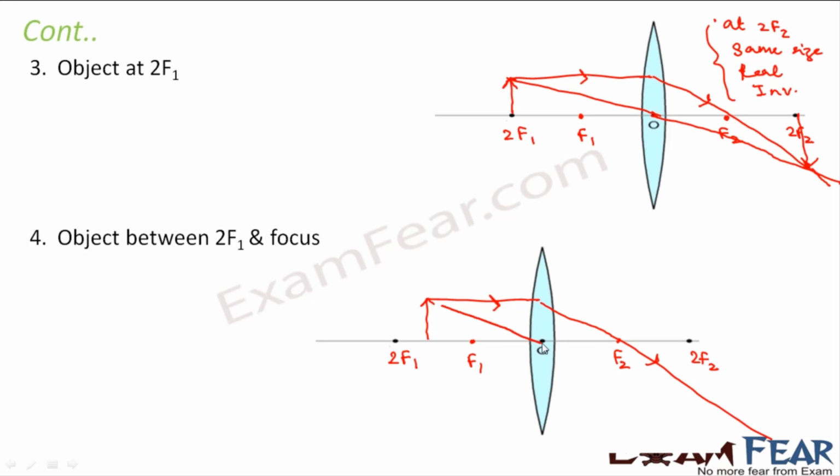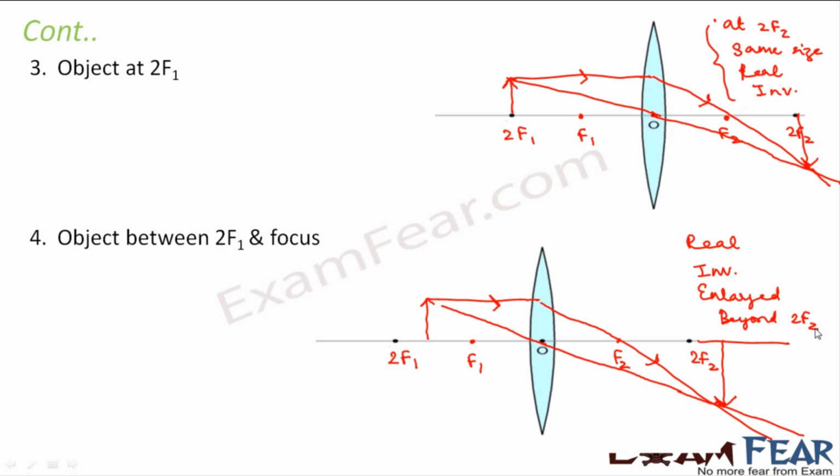Again, another ray which passes through the optical center goes undeviated. These two meet somewhere beyond 2F2, and in this case the image is enlarged. So here we get a real, inverted, enlarged image, formed beyond 2F2.